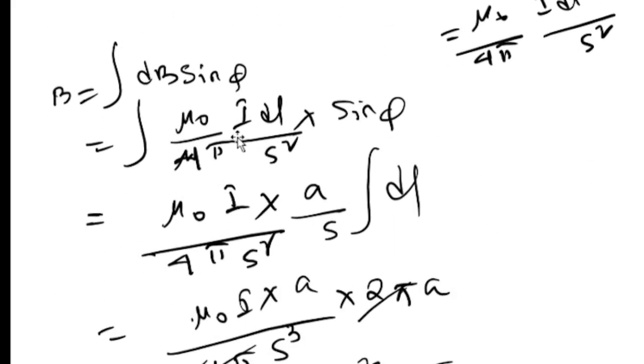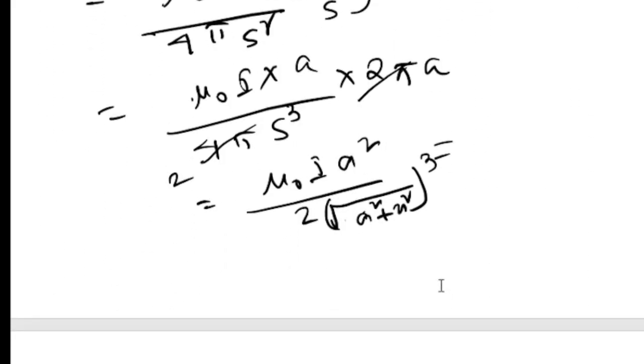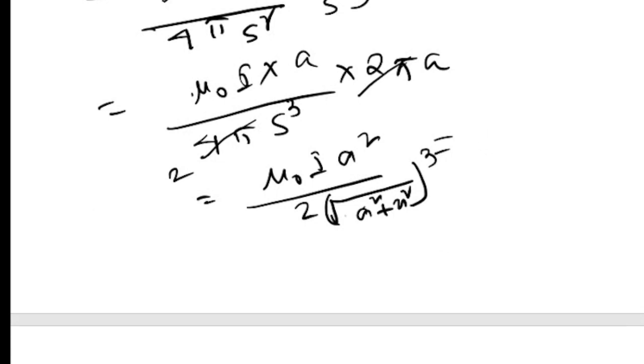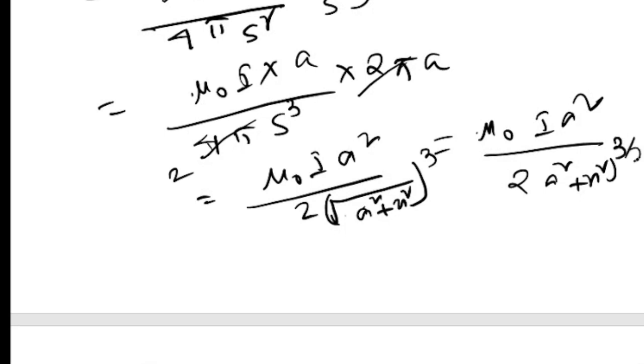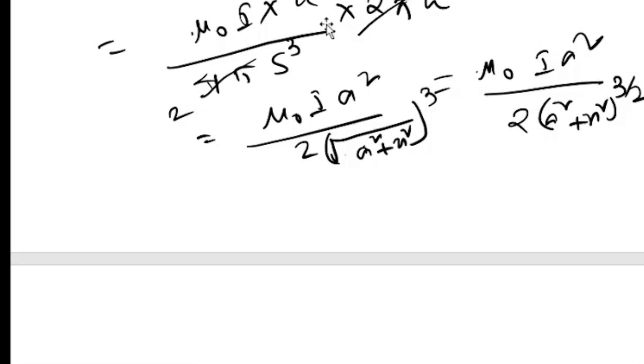Okay, अच्छा, so result will be mu nought I a square by 2 into (a square plus x square) whole to the power 3/2, और root रहेगा तो ऊपर तुम half ले सकते हो, half into 3 means 3/2. Okay, so now it is an expression of magnetic field on the axis of a current carrying circular loop.